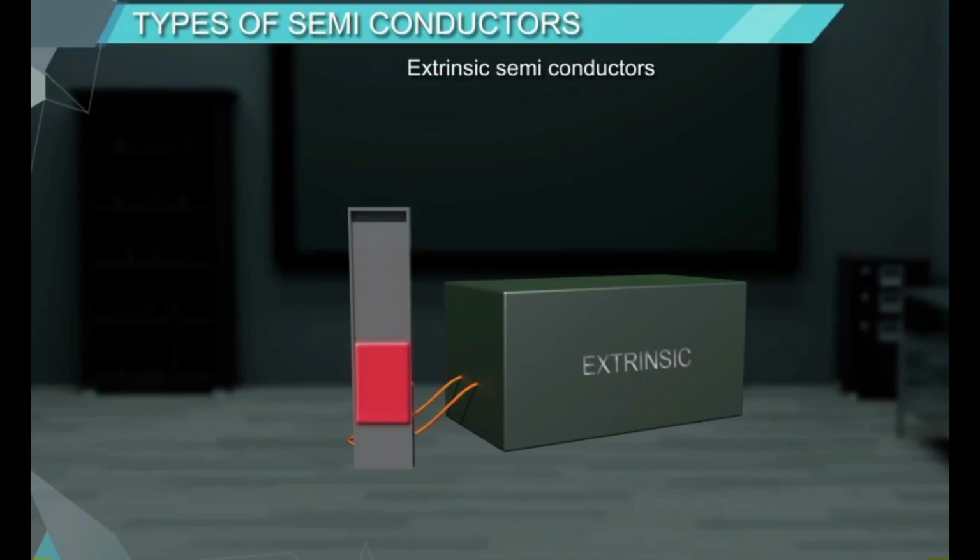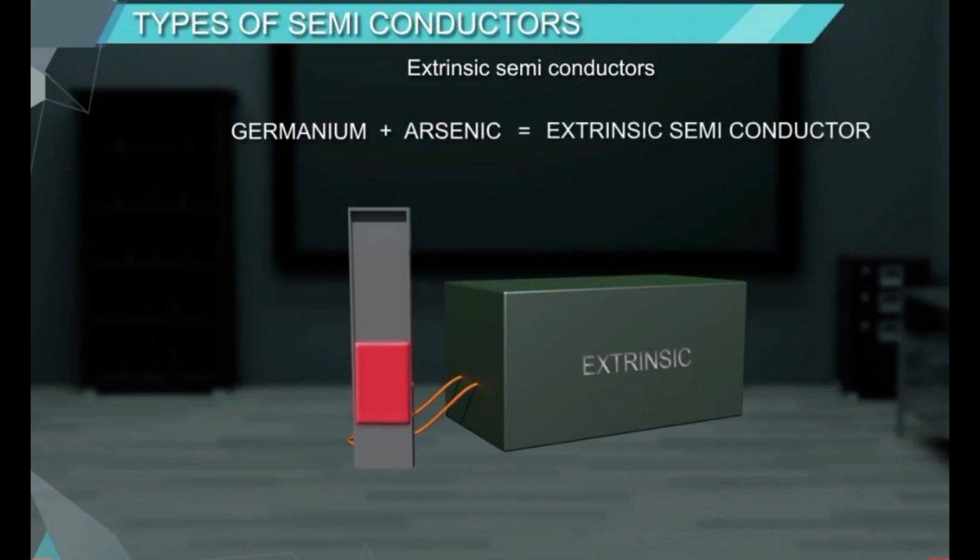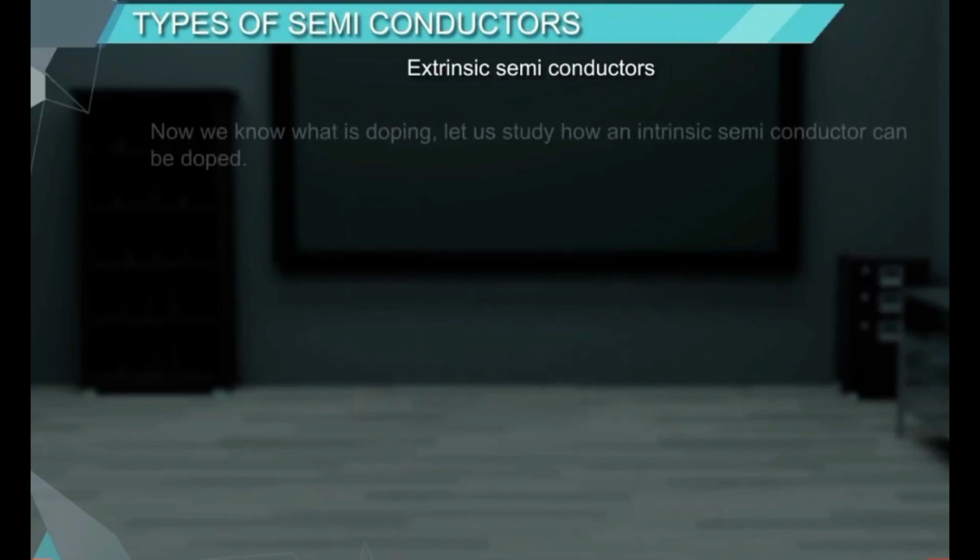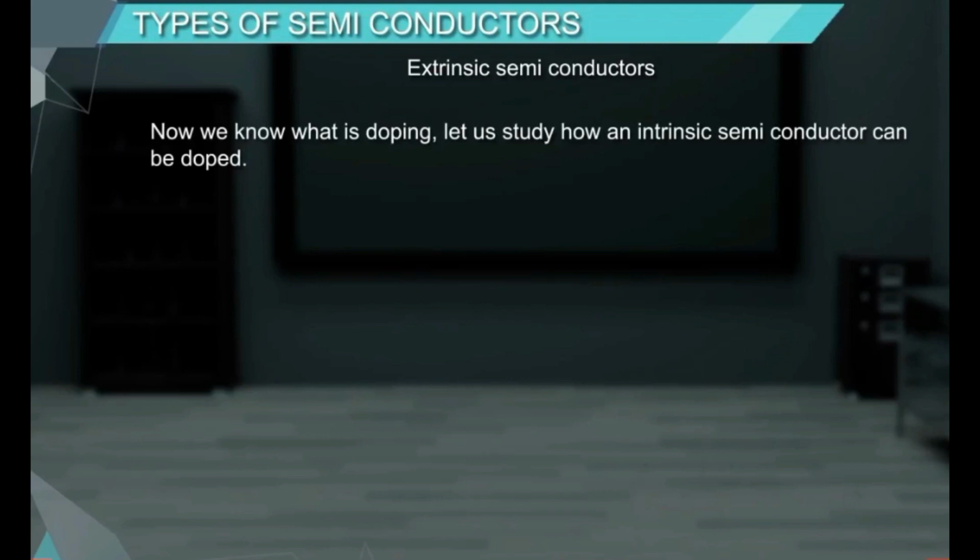Example: when germanium is doped with arsenic as impurity, it becomes an extrinsic semiconductor. Now, we know what doping is. Let us study how an intrinsic semiconductor can be doped.